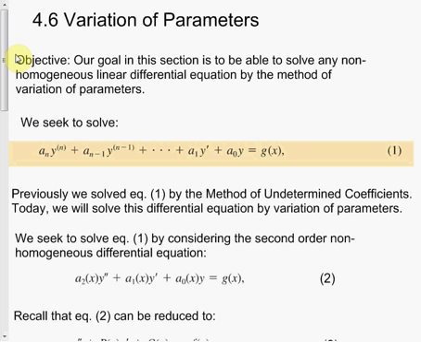Variation of parameters. Our goal in this section is to be able to solve the non-homogeneous differential equation by this method. In terms of solving a non-homogeneous second order differential equation, the method we have seen so far is the method of undetermined coefficients.